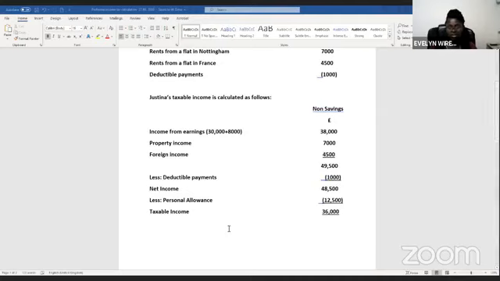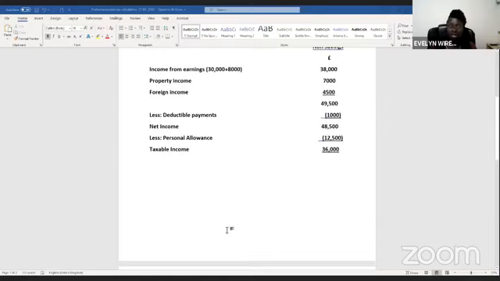As I explained earlier, the first 50,000 will fall within the basic rate, so that amount will be taxed at 20%. Then above 50,000 up to 150,000 will fall within the higher rate, and that will be taxed at 40%. Then any amount above 150,000 will be taxed at 45%.